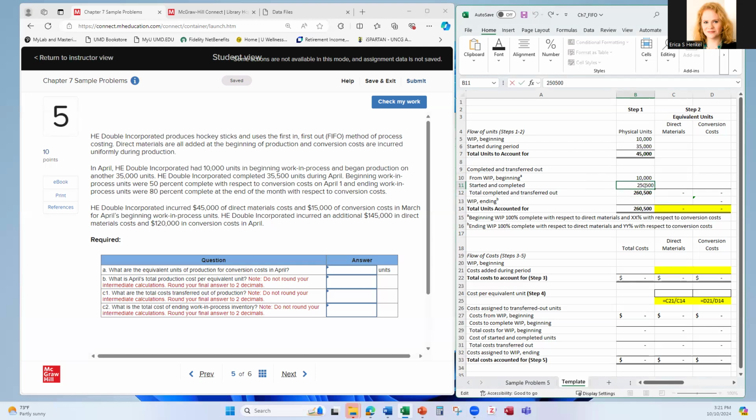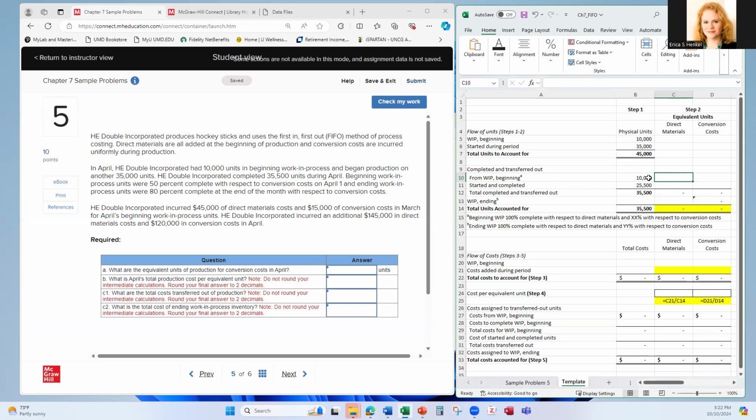Whoops, there's a typo, there we go, 25,500. So total completed and transferred out, 35,500.